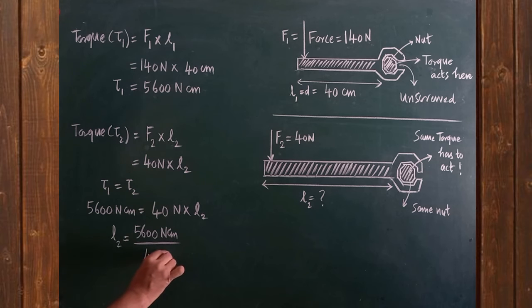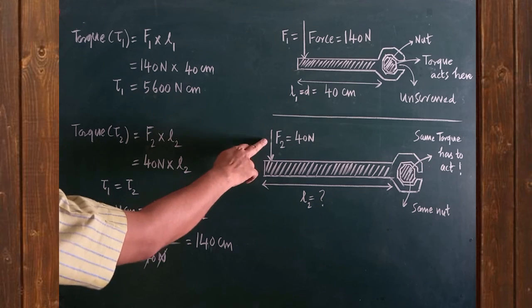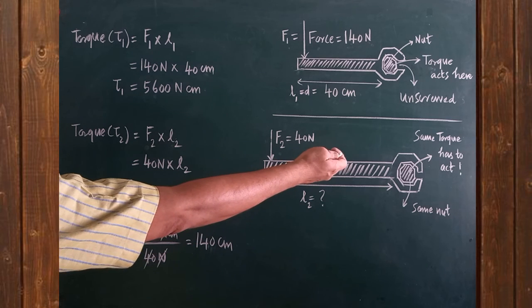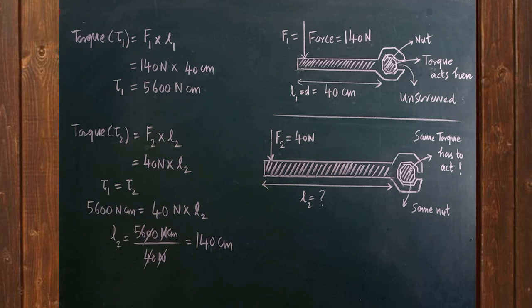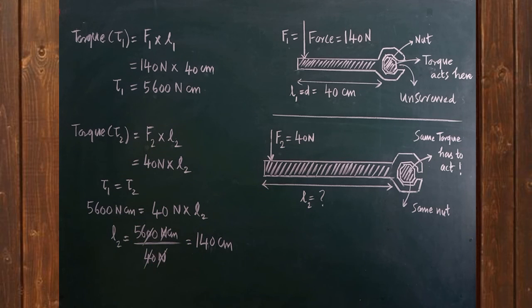Newton can be cancelled. So finally, after cancellation, the length of the spanner is 140 centimeter. Look at that. Because of the reduction of the force, to get the same torque, we have to increase the length of the spanner. So you have to use a longer spanner of length 140 centimeter to get the same torque.